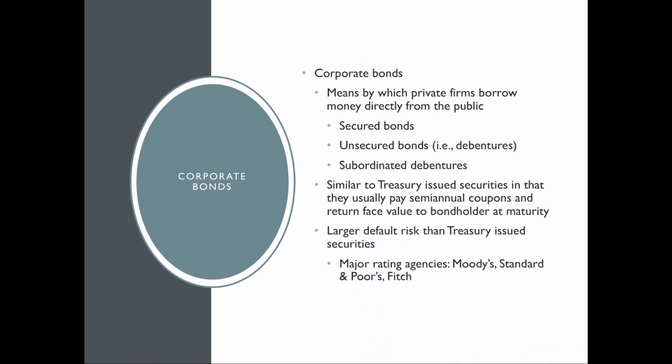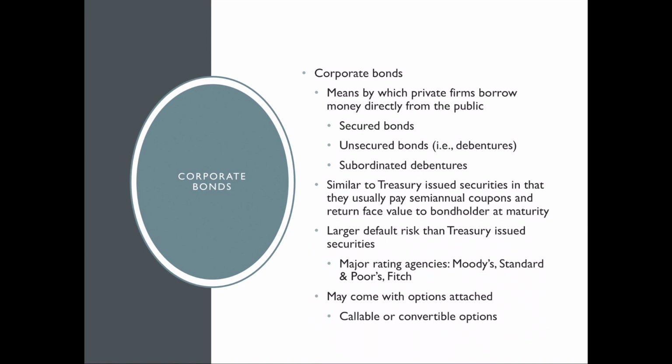However, they do have larger default risk than Treasury issued securities, and we measure the default risk by looking at the rating scores that major rating agencies such as Moody's, Standard & Poor's, and Fitch provide. We'll showcase what the different ratings are. Additionally, though, these corporate bonds may come with options attached.